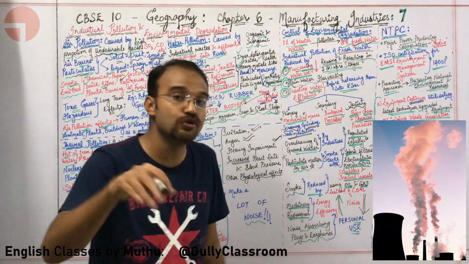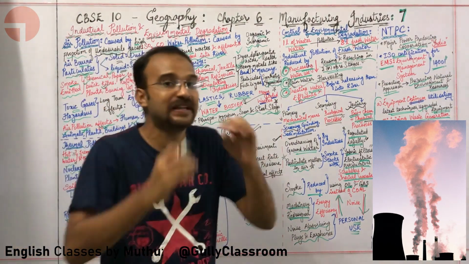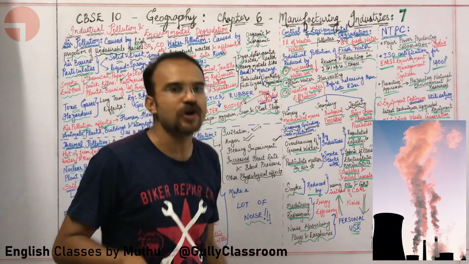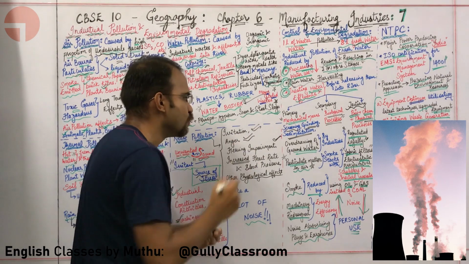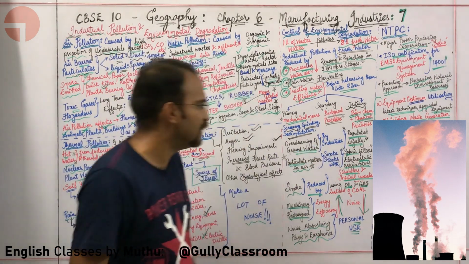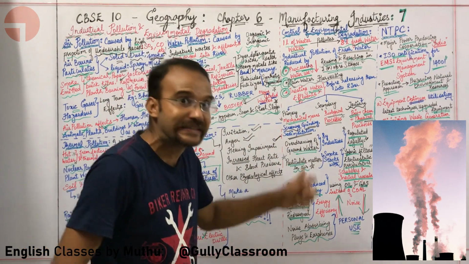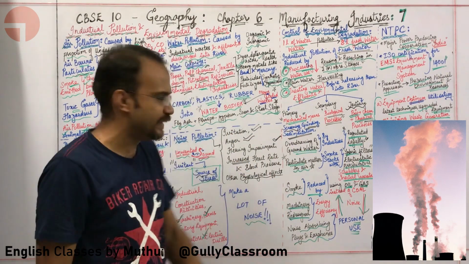The separators that use the property of inertia in order to separate the dust particles from the smoke, from the air, are called inertial separators. So the smokestacks are used with fabric filters, electrostatic precipitators, scrubbers, inertial separators.